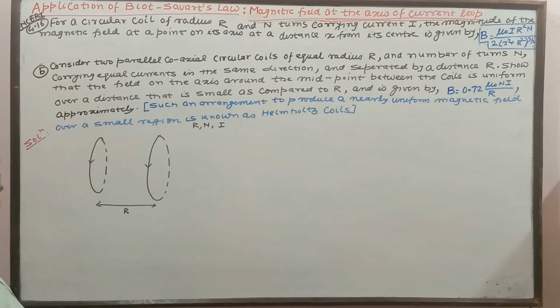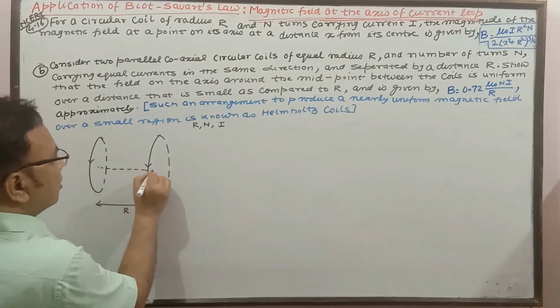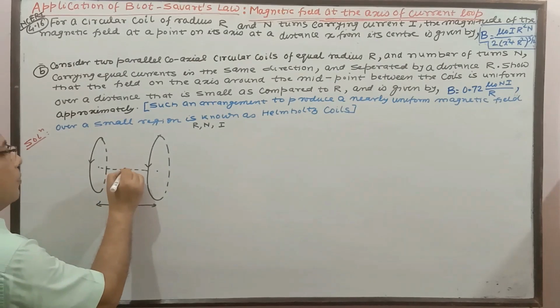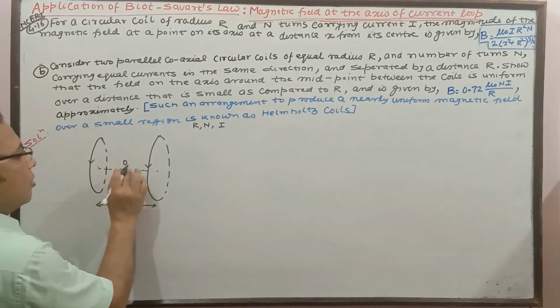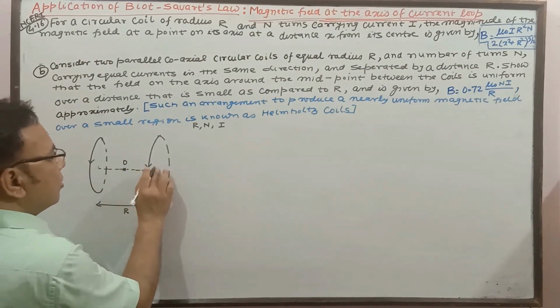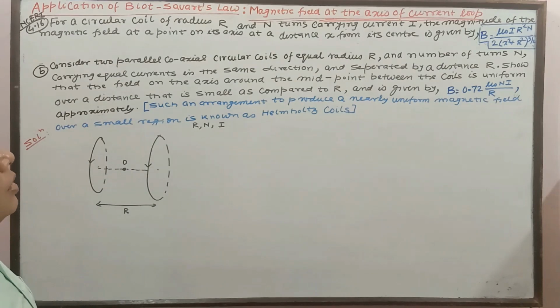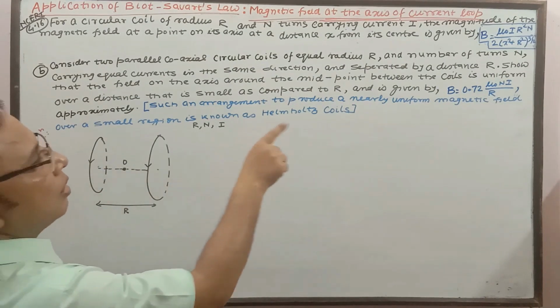So that the field on the axis around the midpoint, so this is the axis, it is somewhere here. This is the midpoint, say O.